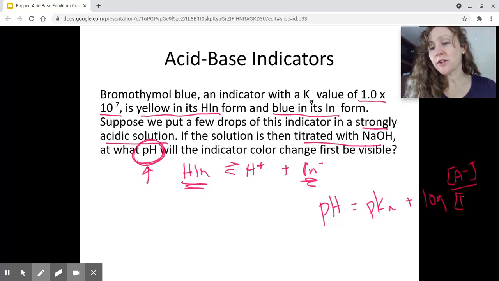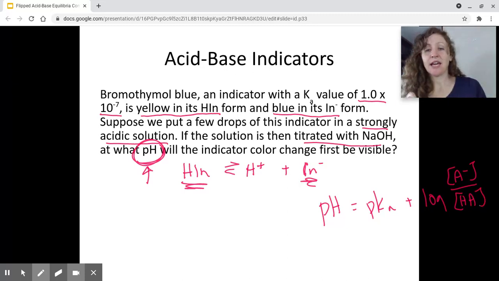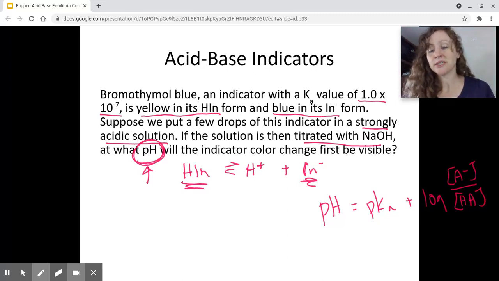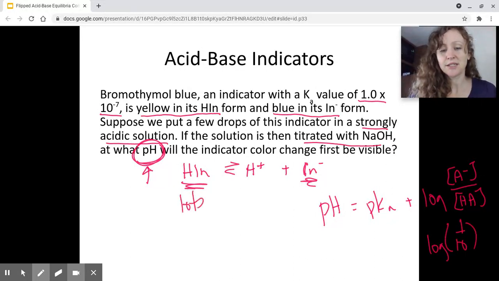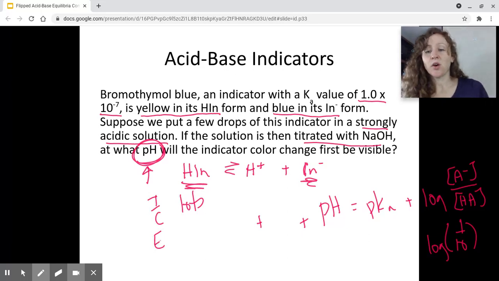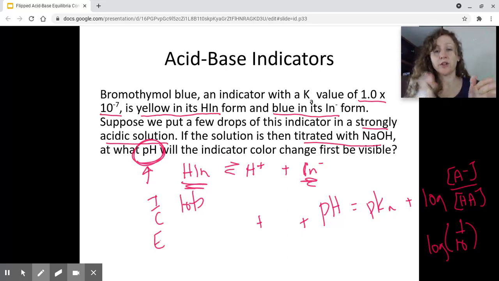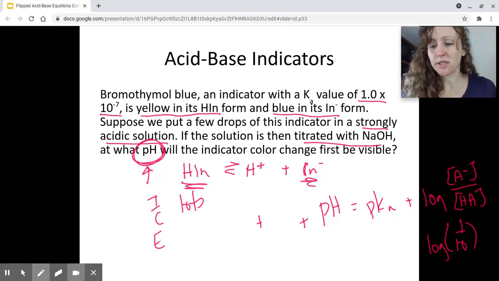We know we can first perceive this at what ratio? At 1 to 10, right? We start with HIN, lots, and then we slowly start to build IN minus. And so when we can first perceive the change, we're going to have more of our weak acid form present than we do our conjugate base form present. Okay, so log 1/10.